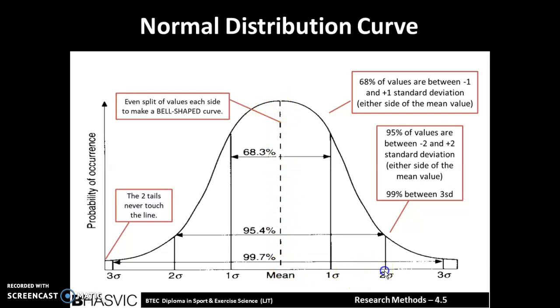Between this line and this line, 95.4% of the values are between, so this is -2, this is +2, standard deviation either side, and between +3 and -3, standard deviation, 99.7% of the results are included.